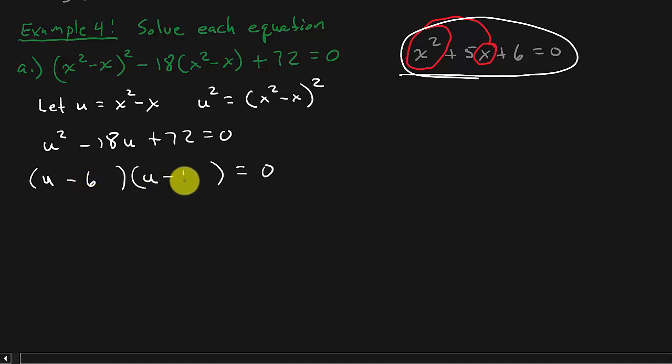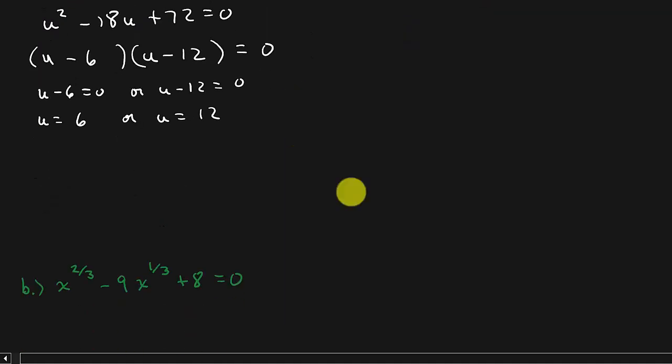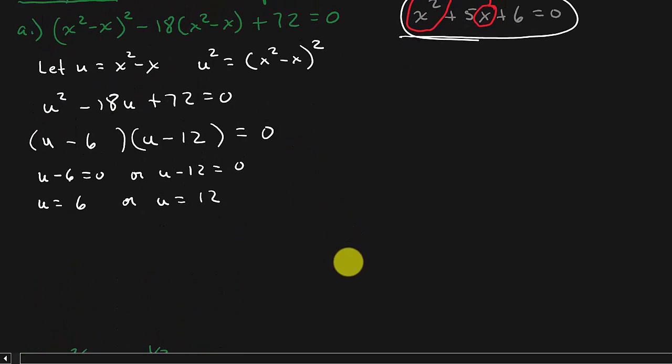Minus 6 and minus 12. All right. And so I get u minus 6 equals 0, or u minus 12 equals 0. So u equals 6 or u equals 12. All right. So that's what we've got there.